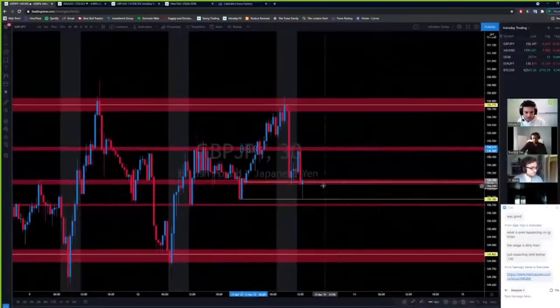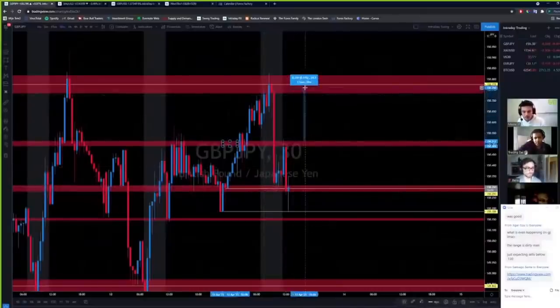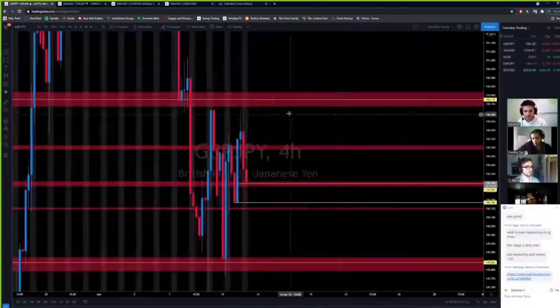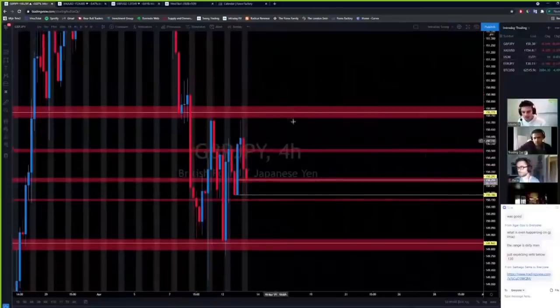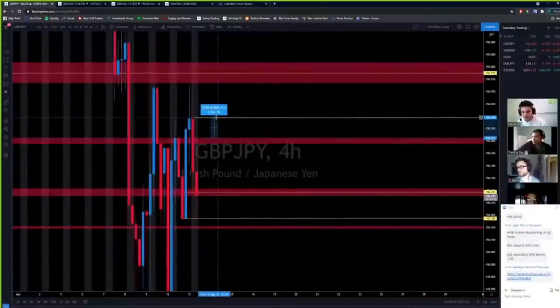So if price does start breaking up, then you can take potential buys over here in a 25 pip range. But you have to keep in mind this is a 4-hour resistance that we've rejected in London, so we don't know. You also have this issue over here on the 4 hours, so that's kind of an uncertain range over here.